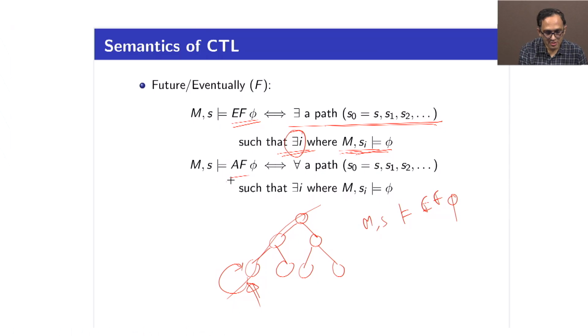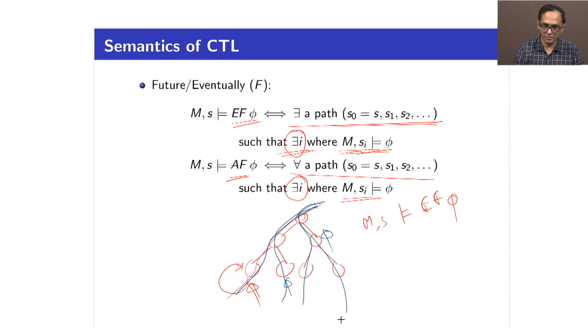For A F phi, it means for all paths starting from S, S1, S2, S3 and so on, there exists an i such that Si satisfies phi. So this path should also hold, this path should also hold, let us say phi holds here, and for this path also phi holds. Then I will write M, S satisfies A F phi.